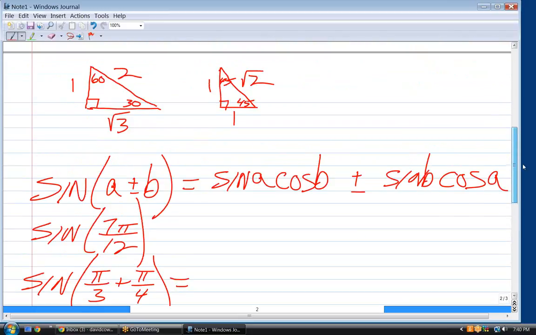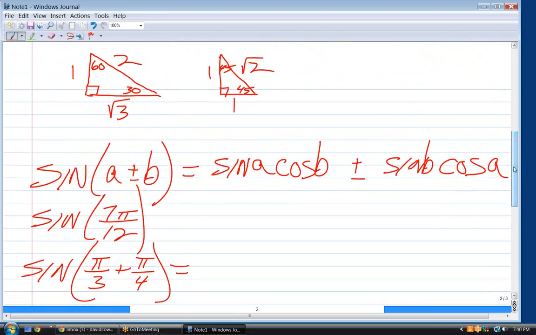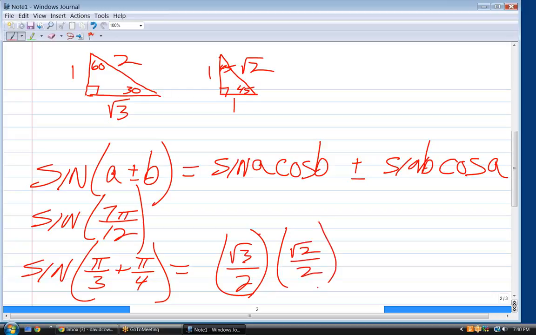Let's go back, bring our triangles up. That would be root 3 over 2, times the cosine of 45, root 2 over 2, plus the sine of pi over 4.